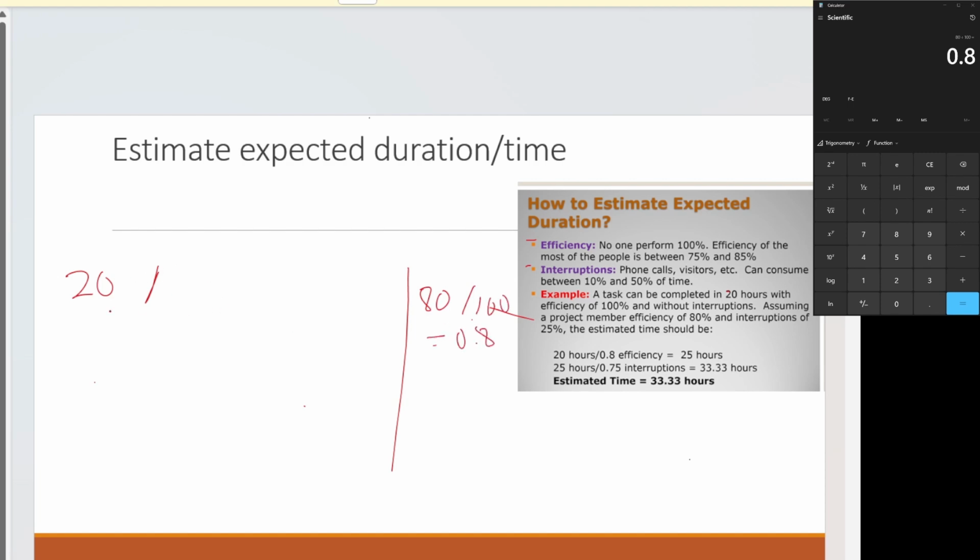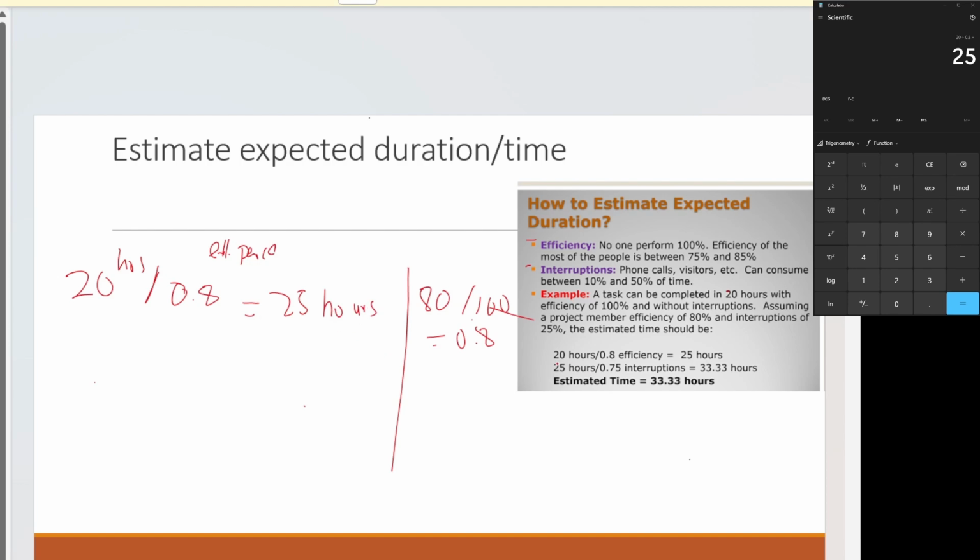So 20, which is the hours I have, divided by the efficiency percentage, 0.8. Let's calculate it. 20 divided by 0.8 gives us 25. So it will take a person 25 hours to do it with 80% efficiency.